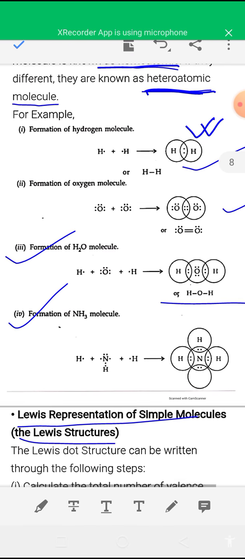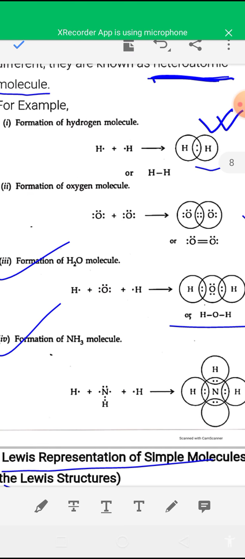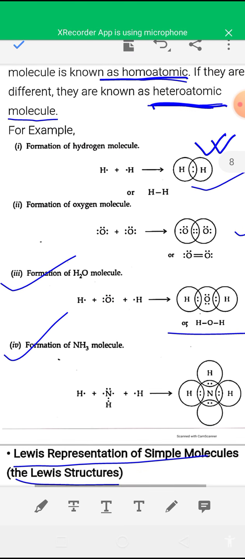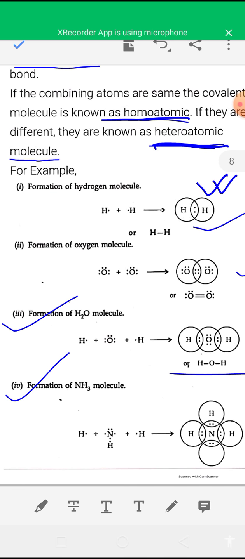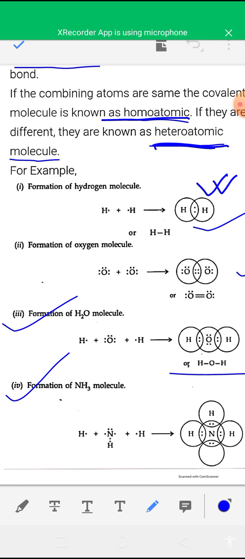Now see the Lewis dot structure of covalent bond formation. Formation of hydrogen molecule, H2 molecule. Here the duplet rule is applicable. Hydrogen does not follow the octet rule; it follows the duplet rule, 2 electrons in its valence shell, which is the electronic configuration of helium.